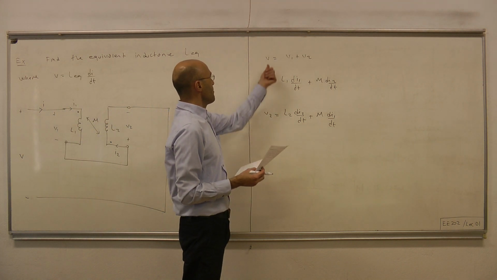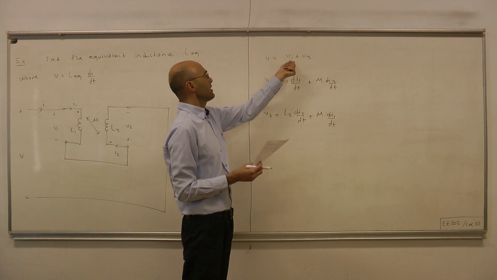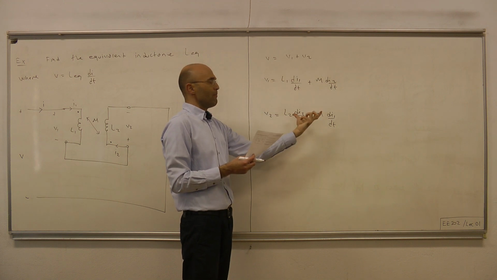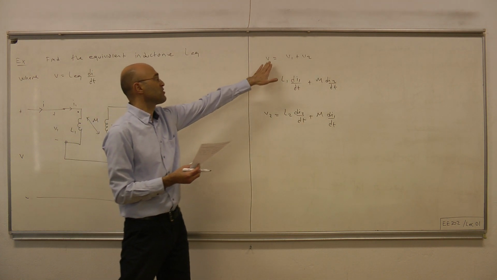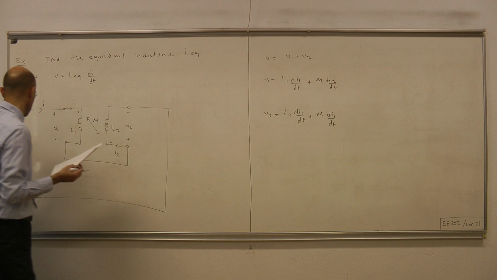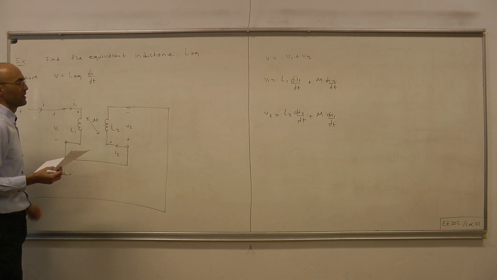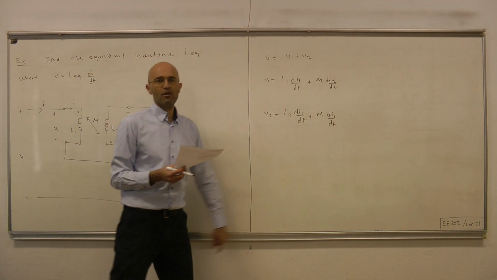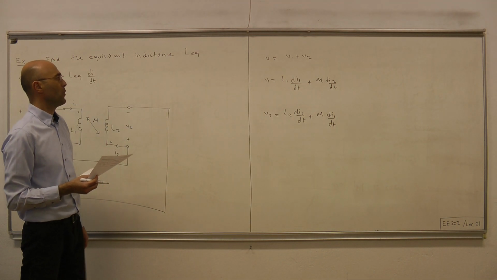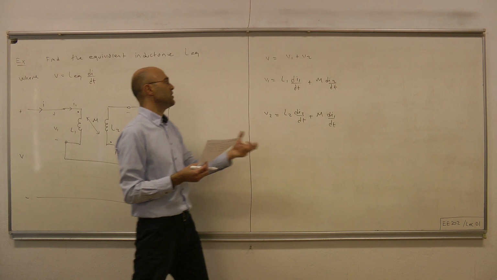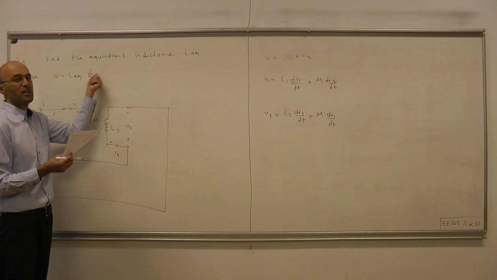So, therefore, by substituting V1 and V2 by those expressions, we can express V, the voltage of the overall two-terminal device, in terms of the rate of change of currents. Okay? But we don't need those currents. What we need is to express everything in terms of a single current.